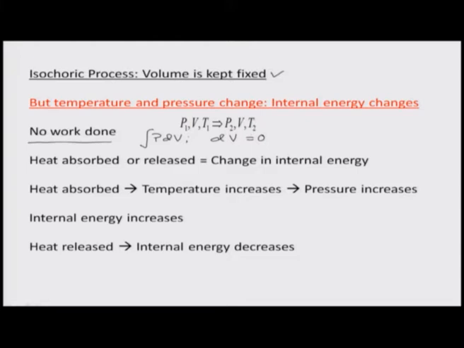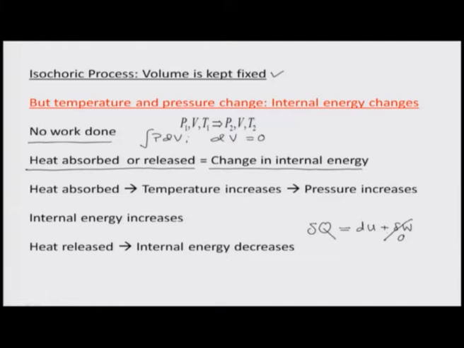Now I ask the question whether the system absorbs heat or releases it. That will be determined by the change in internal energy. Recall the first law, delta Q is equal to dU plus delta W. This term is 0 in the present case.